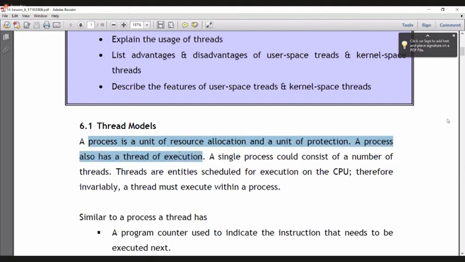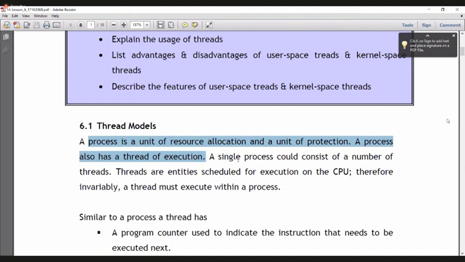A process also has a thread of execution. That means a process can have more than one. A single process could consist of a number of threads.